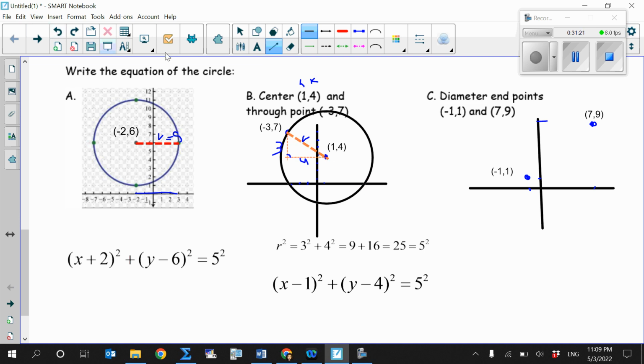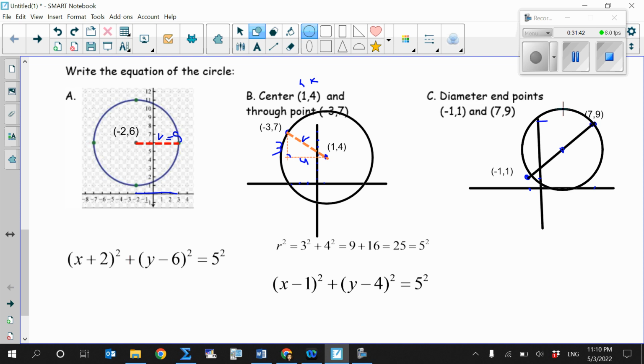Okay, so in this case, this line that connects those 2 points is the diameter. That means the center of the circle is going to be right in the middle of this line, and then the circle is going to be something like this, a circle that has the center and passes through these 2 points.